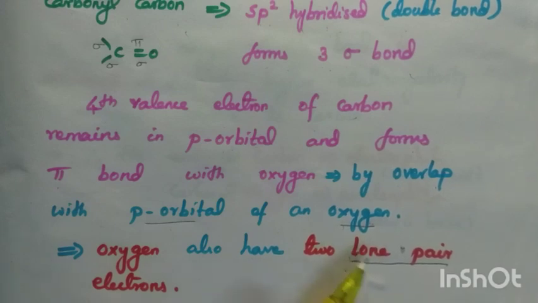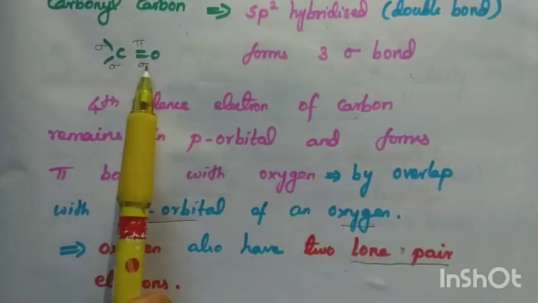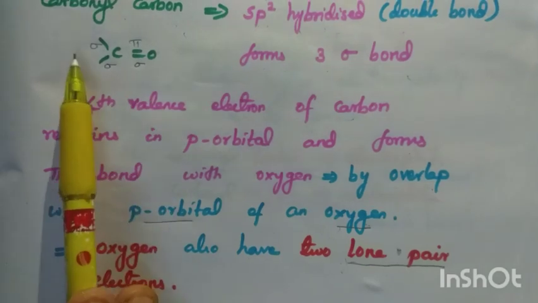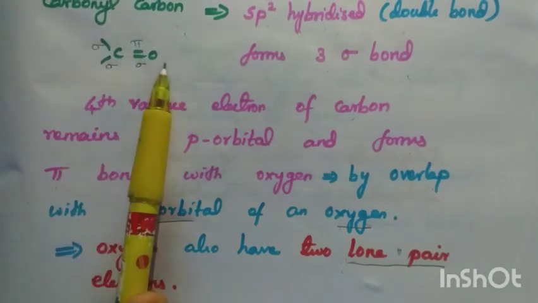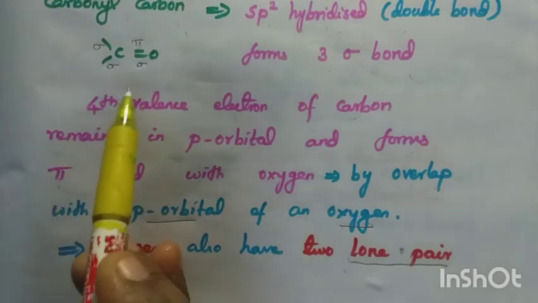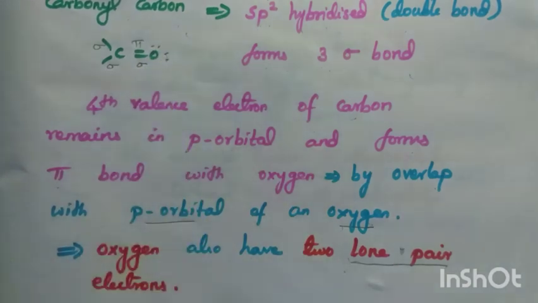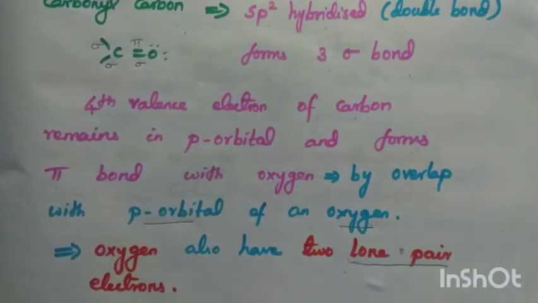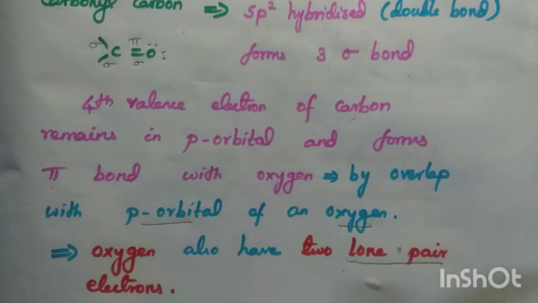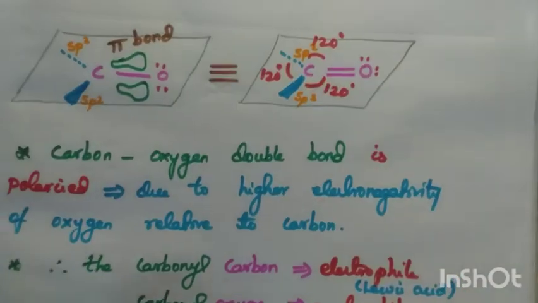So the carbonyl carbon has a tendency to form 3 sigma bonds and 1 pi bond, and this oxygen also carries 2 lone pair electrons, which are not involved in bond formation.